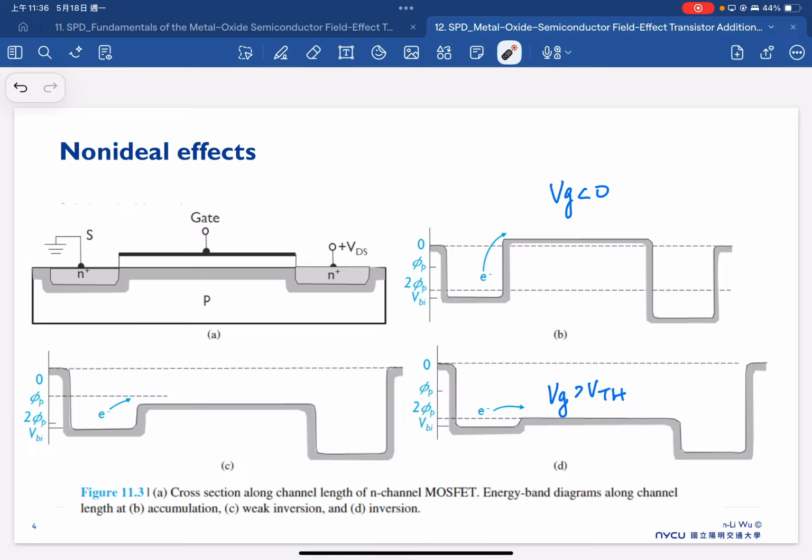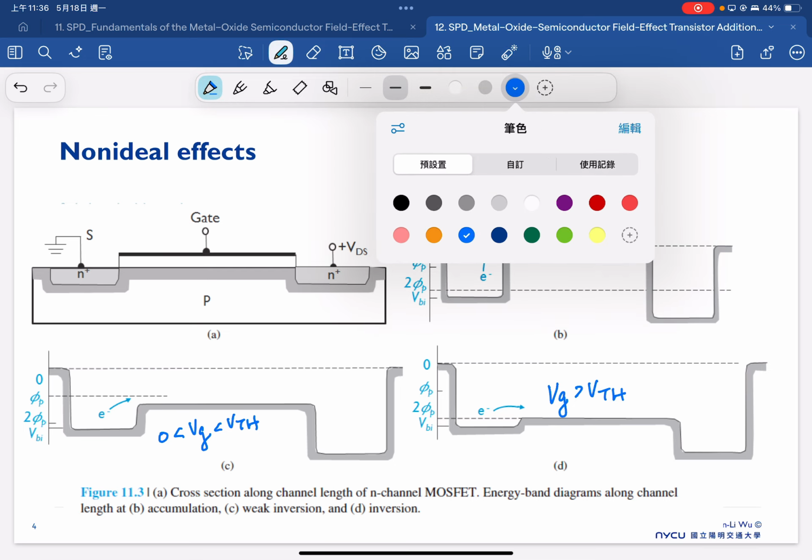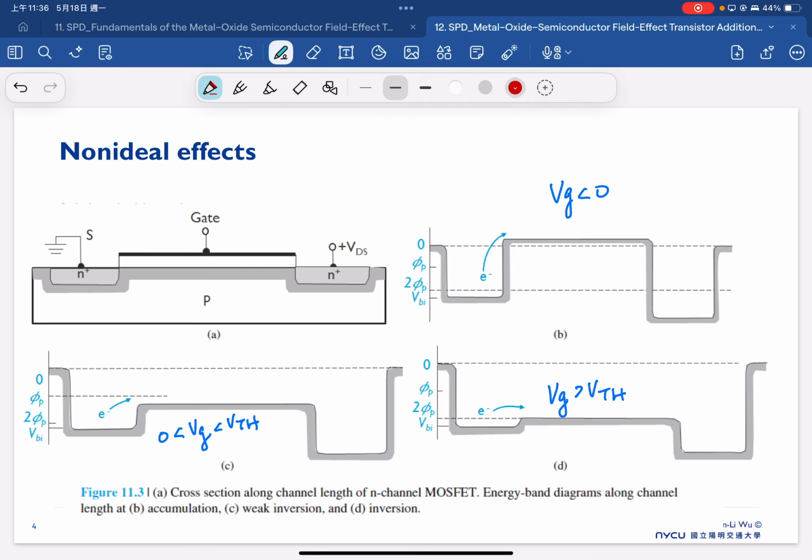But in the case here, VG is larger than 0 but smaller than VTH. In this case the barrier height is already reduced, so the electron has some chance to overcome it a little and reach the drain side. So this can also be used to understand the subthreshold current.